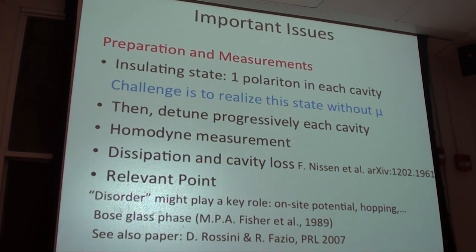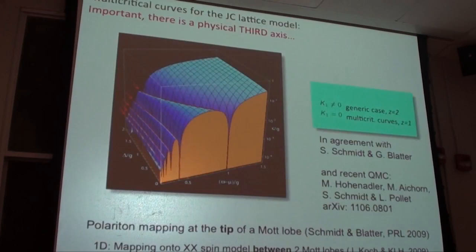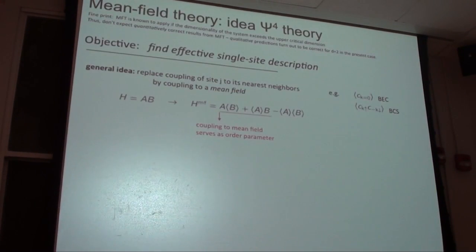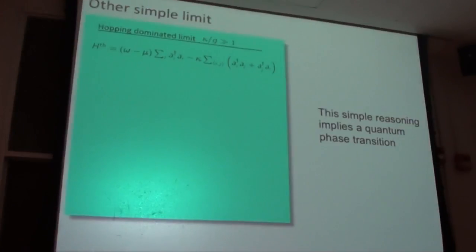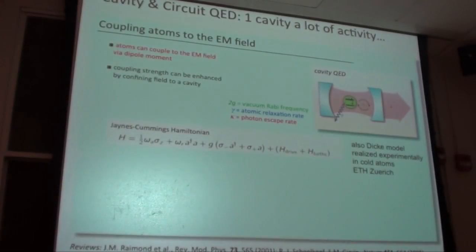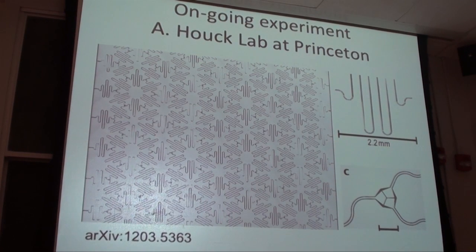Also here, maybe the disorder should play some role. Because in a lab, at least with this circuit theory approach, they couple many junctions, and each junction would certainly be very different from the next one.